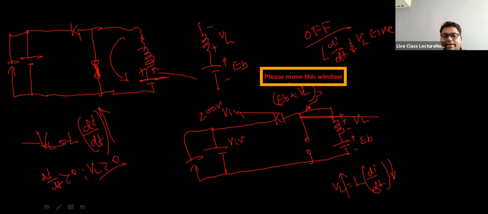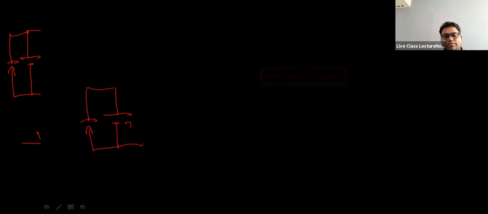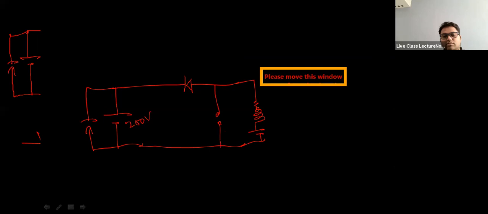And E back is at, say, just a second, let me draw it again. Say V in is at 200 volts. Earlier it was driving the motor, but now the motor is supplying power to it. So it is off.